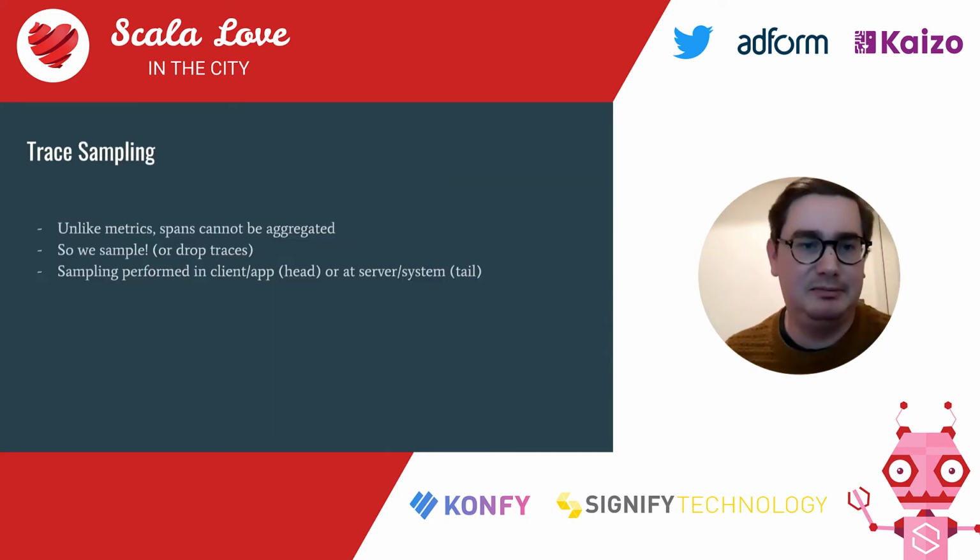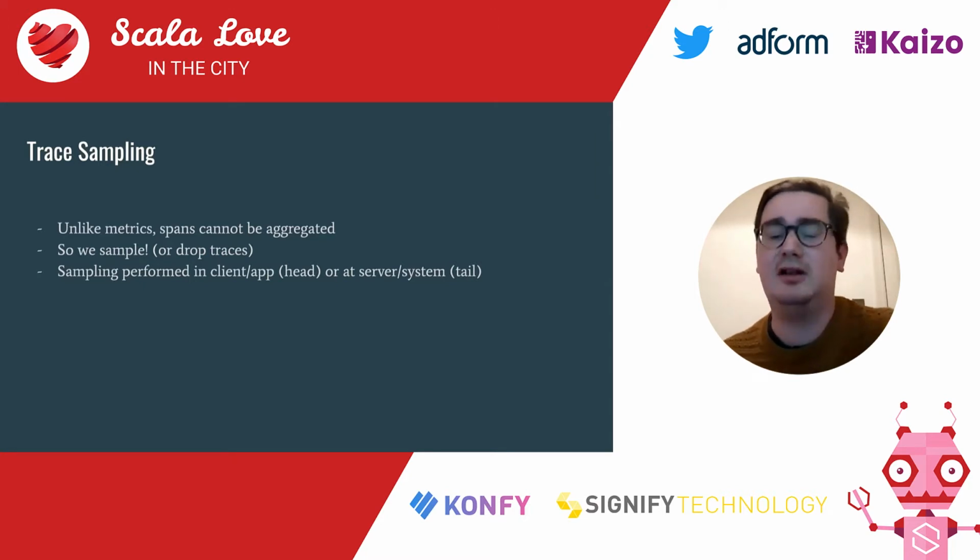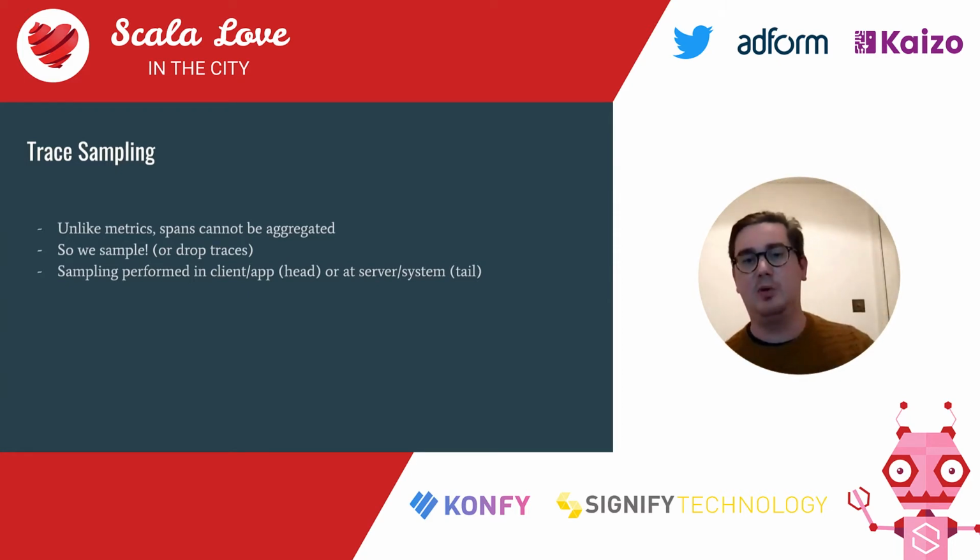And sampling. So with tracing, you might produce a lot of traces if you've got a very busy application. But unlike metrics, you can't aggregate spans. You can't just add them together because they're more complex units of data. So we sample, or we drop traces. And I'll talk a bit more about this later on.